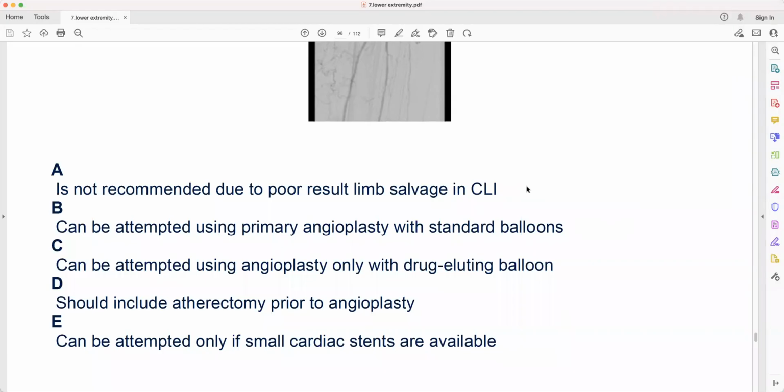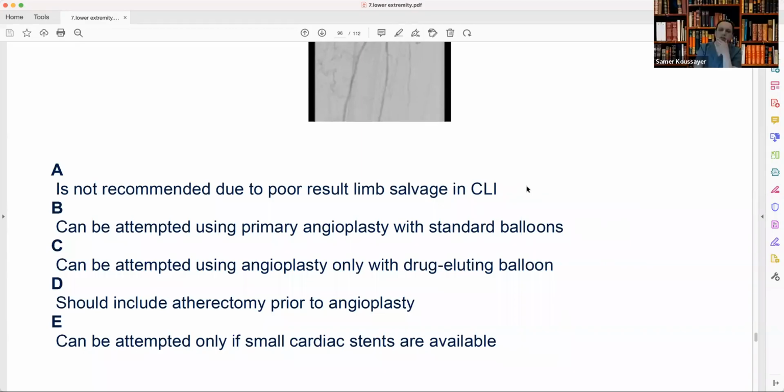Can be attempted only if small cardiac stents are available. No, we don't stent those. We don't stent below the knee unless you have dissections, and most of the time if you have a dissection it will be long, so you need a long stent, not a small cardiac stent.